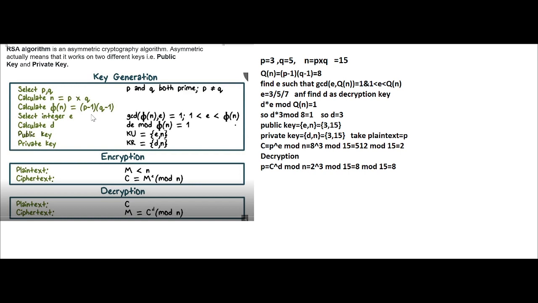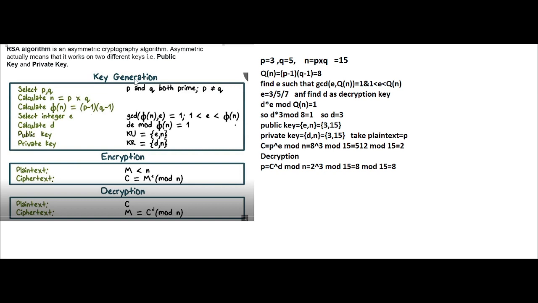Now what do I want to do? We actually calculate the public key and private key, and for that I find E as the encryption key and D as the decryption key. First we take E for getting the public key.